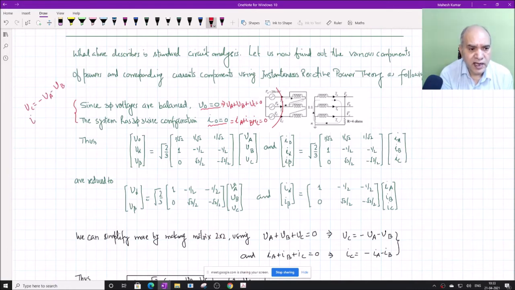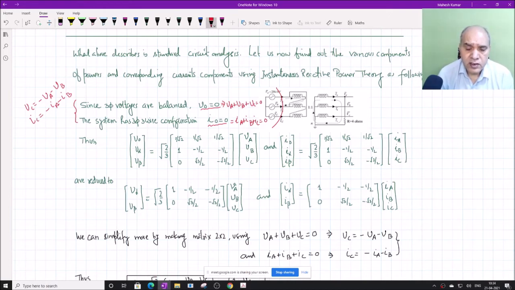Similarly, I can express IC equal to minus IA minus IB. So we can express any third phase, A or B or C, in terms of the remaining 2 phases. So only 2 phases are independent, the third phase is dependent. So essentially the whole circuit is a 2-phase system because the zero sequence equals 0.